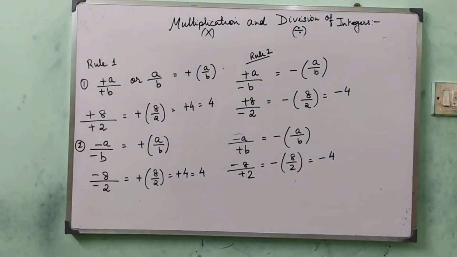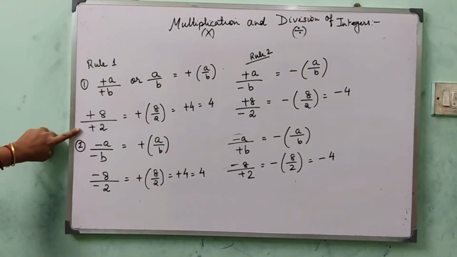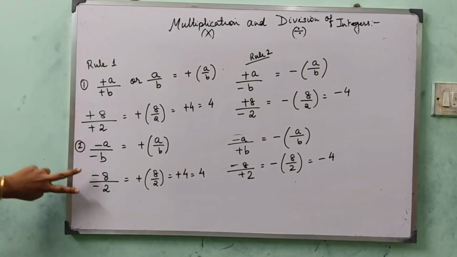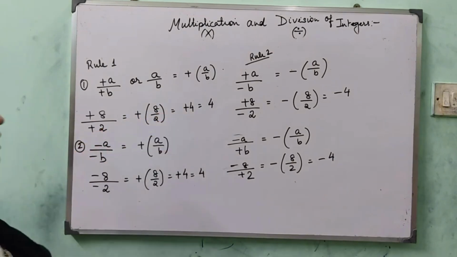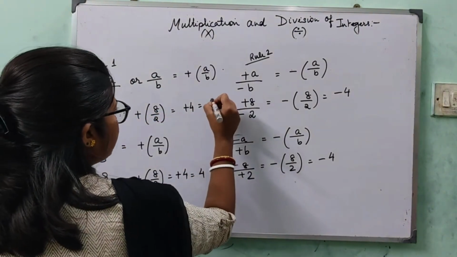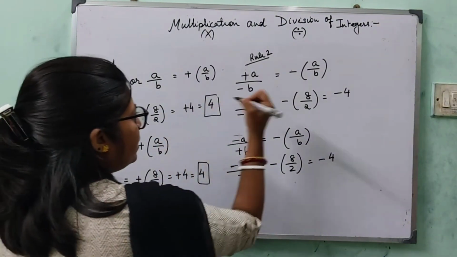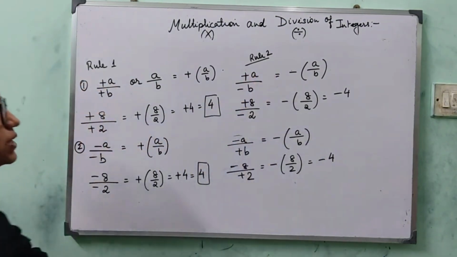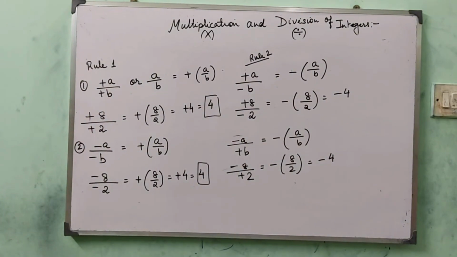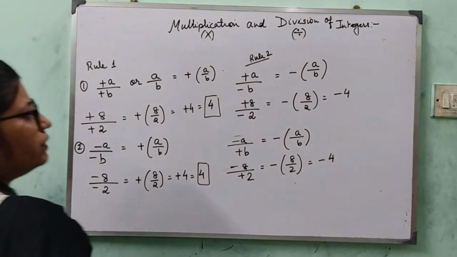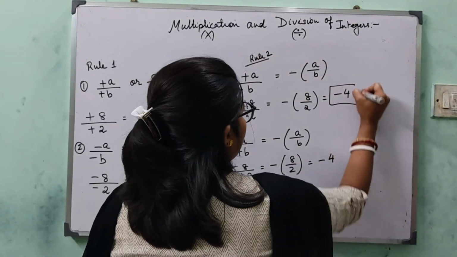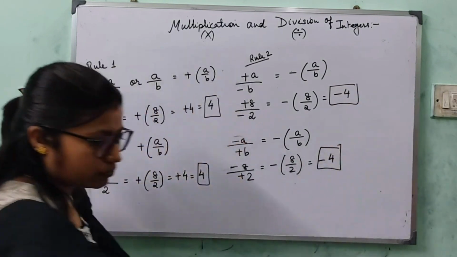So you could see over here, that is if both the numbers involved in the division have the same signs, either both positive or both negative, the quotient or the answer will always have a positive sign. But if the numbers involved are of different signs, that is one positive, one negative, then in that case the answer will always have a negative sign.